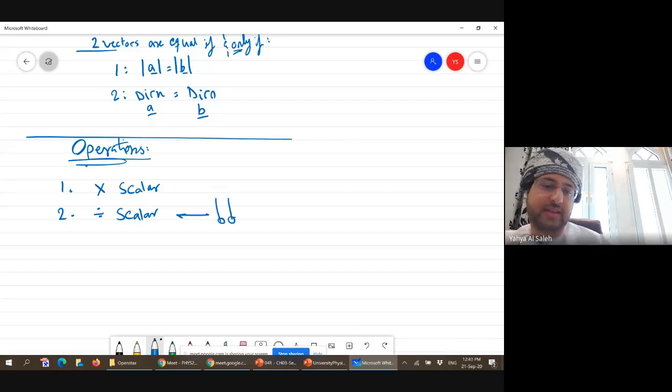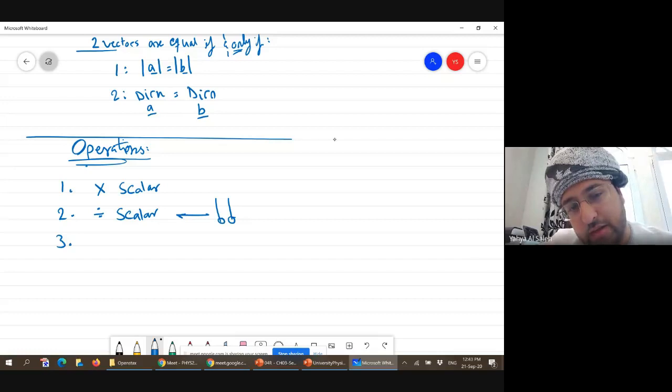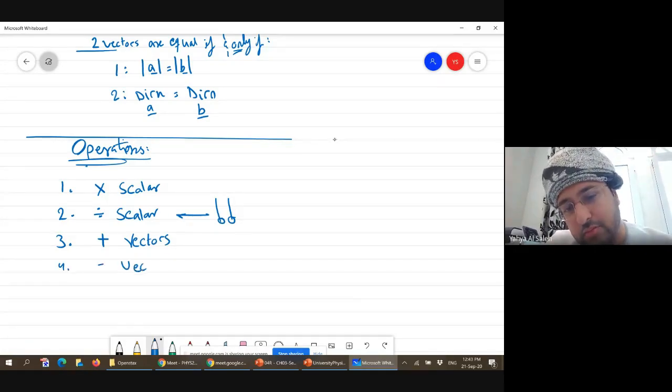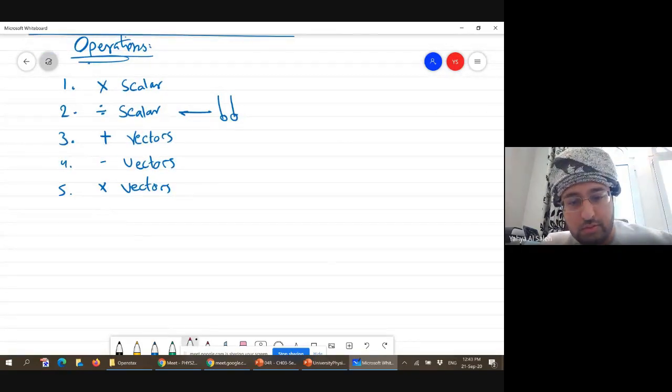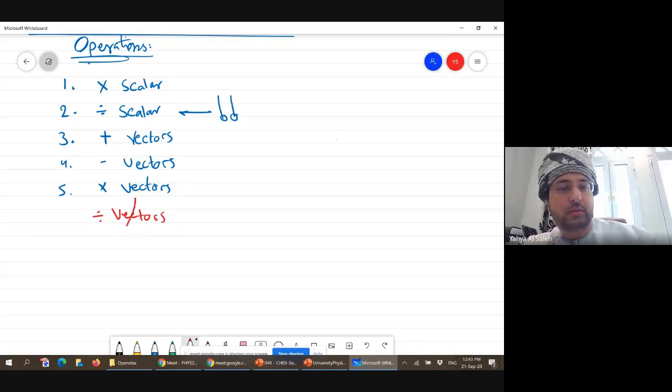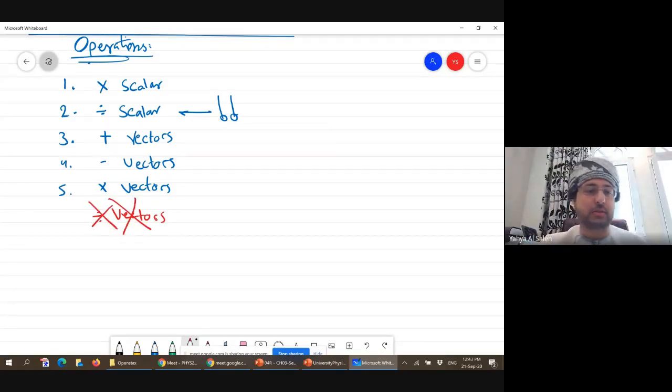We are dividing by scalar, not by another vector. We can add vectors. We can subtract vectors. We can multiply vectors. We cannot divide vectors.